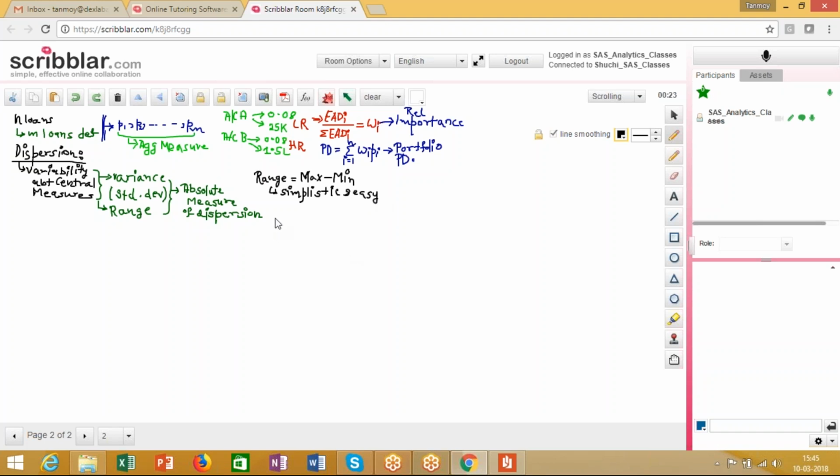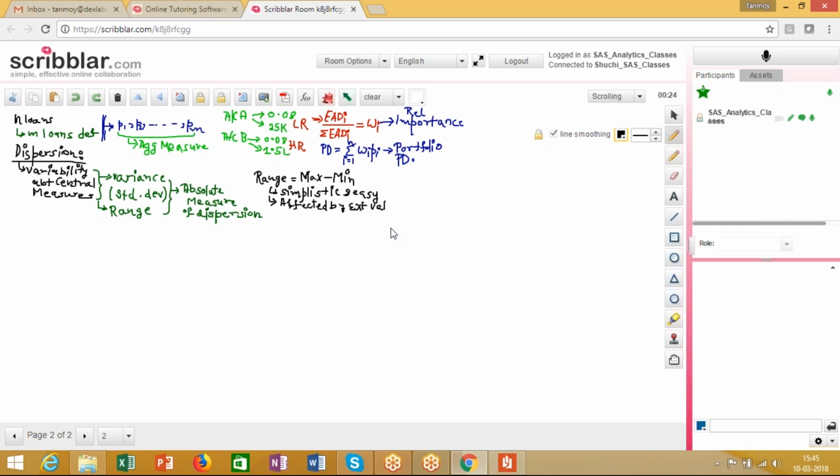Now the limitation with this is that range gets affected by extreme values. Right?